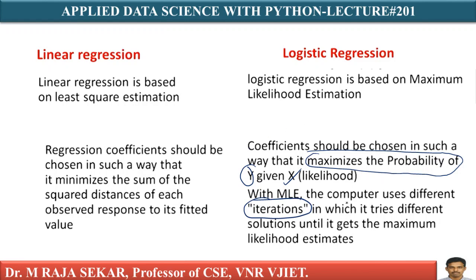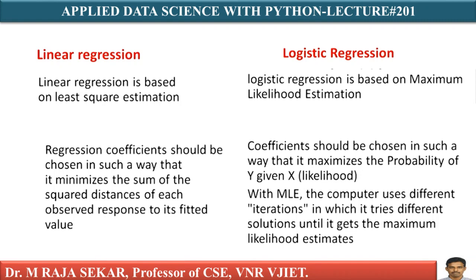With MLE, the computer uses different iterations. Even in the output of logistic regression, it sometimes explains that it converged after 5 iterations. The computer tries different solutions until it gets the maximum likelihood estimate. I will discuss MLE and Python programs on MLE later.